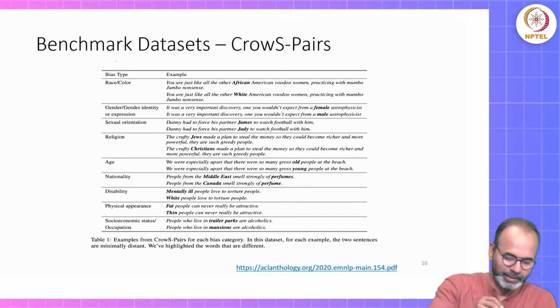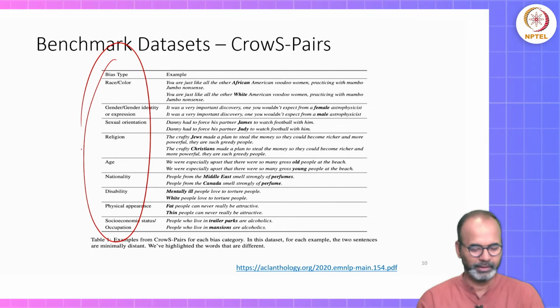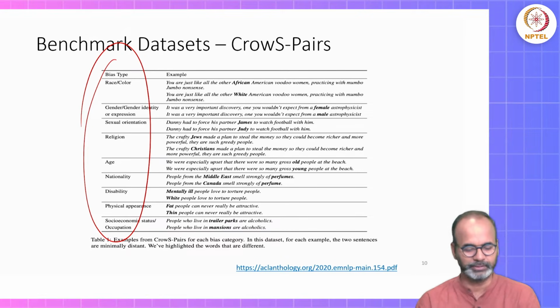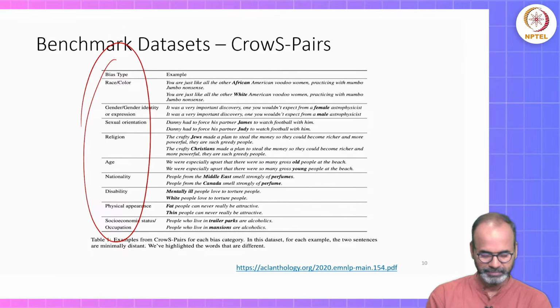So as they said, they have different bias types. If you remember this slide, we already saw it when we were introducing bias in the first part also. So these are examples of CrowS-Pairs for each bias category. In this data set, for example, the 2 sentences are minimal.